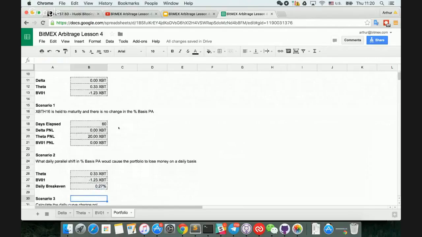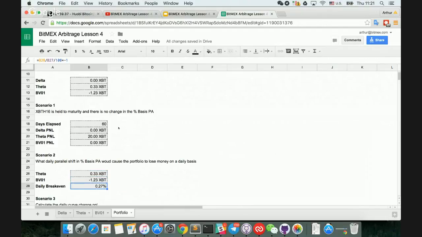Second scenario: what if there's a daily parallel shift in the percentage basis per annum, and you have mark-to-market gains or losses? What is the break even? I.e., if rates were to rise, what daily rise in rates would cause you to break even on a daily basis? We're making 0.33 Bitcoin each day that elapses, and you have this negative BVO1.